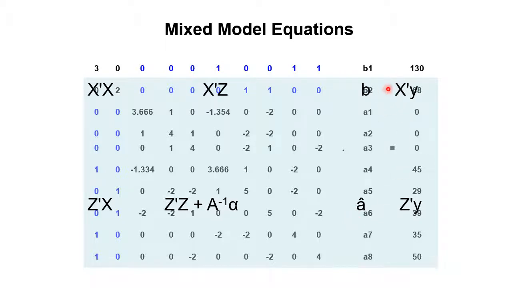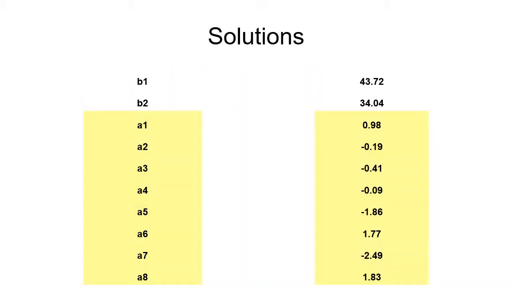The right hand side, X'y, that's adding up the weights of those two sexes, and Z'y, the first three animals did not have observations, and then each animal's weight as we go along. So the solutions then, once we've multiplied the inverse of the coefficient matrix with the right hand side, we end up with solutions.